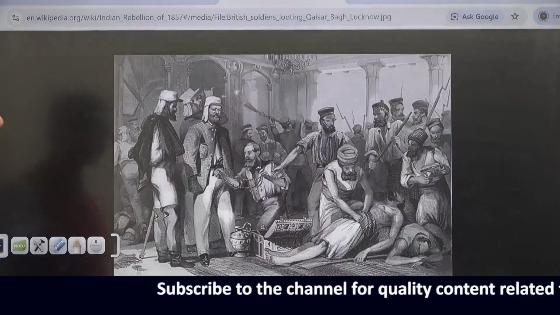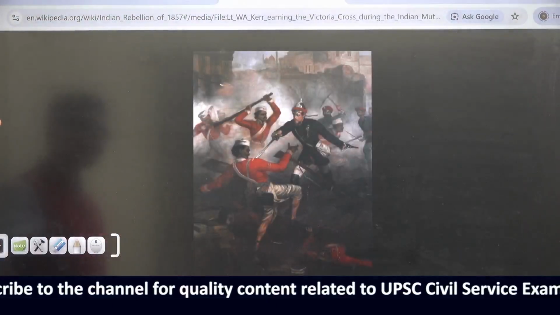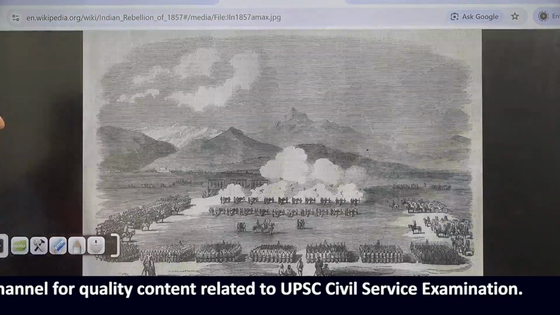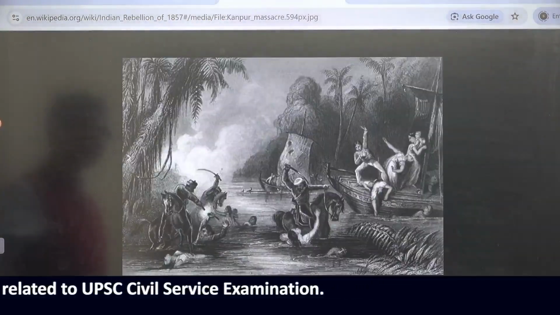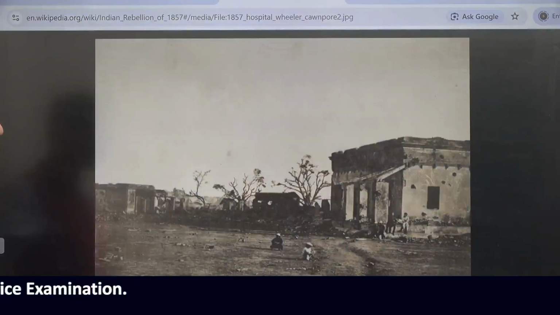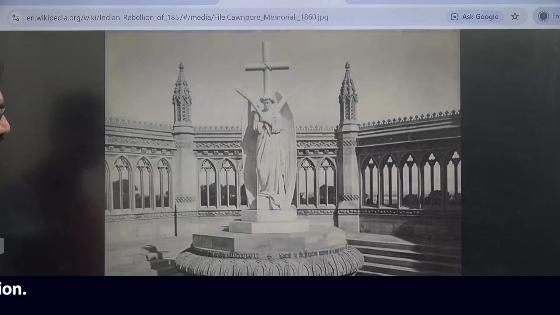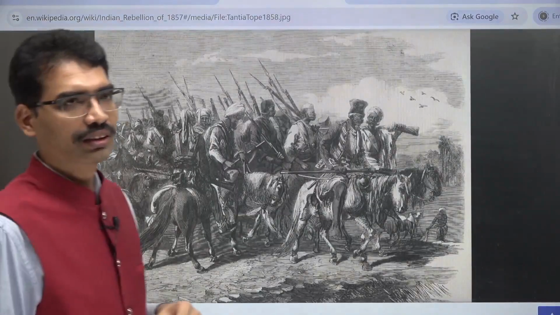Identify the images that showcase how the great revolt was taking place. The battles, wars and battles between two forces, two sides, both the Indian side as well as the British side. So this is one of the important episodes in our history.